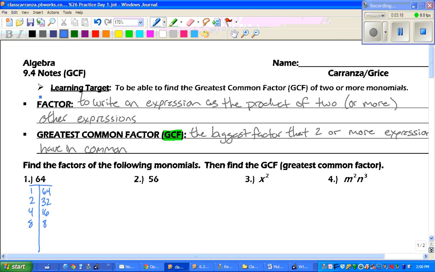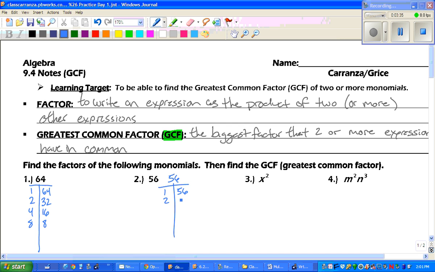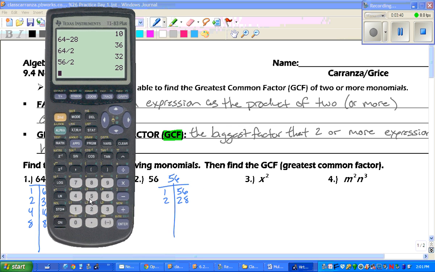Let's do another one. Number 2 is 56. It's always 1 and 56. It's an even number, so 2 goes into it. 56 divided by 2 is 28. Does 3 go into it? 56 divided by 3, no. 56 divided by 4, yes.